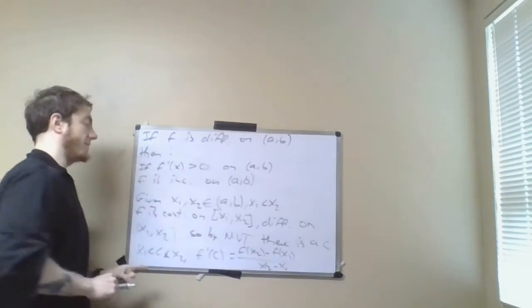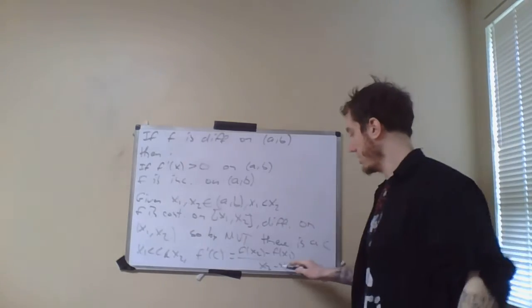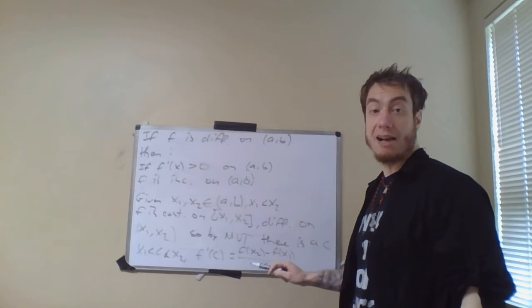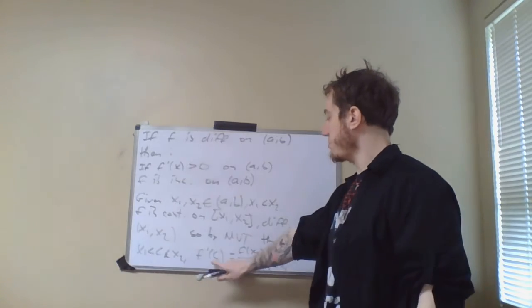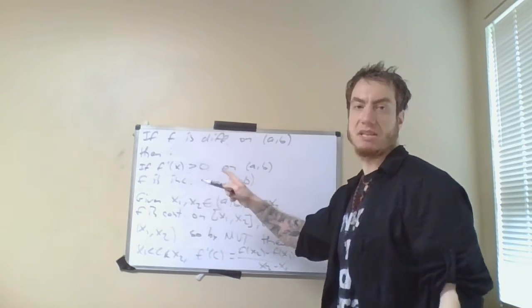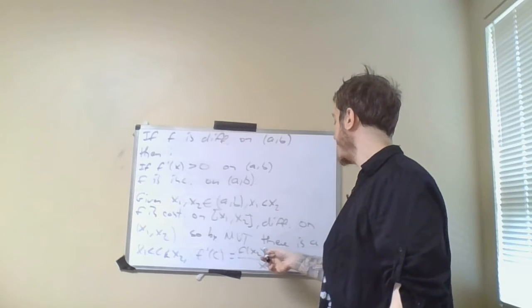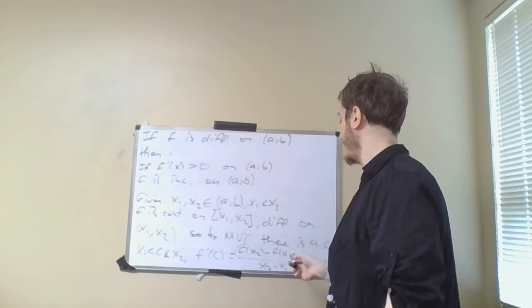Now, what can we say about this? Well, x2 minus x1 is a positive number. So this denominator is positive. We can also say f prime of c is positive because we know that f prime of c is bigger than 0. And then we can say, well, that means that this numerator has to be positive as well.